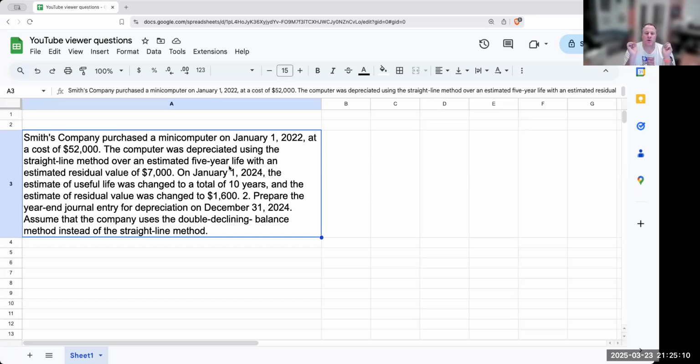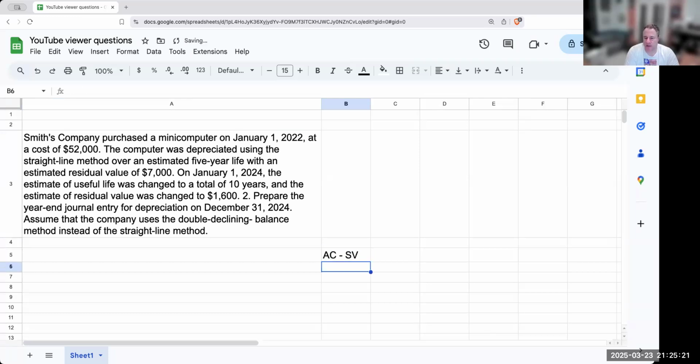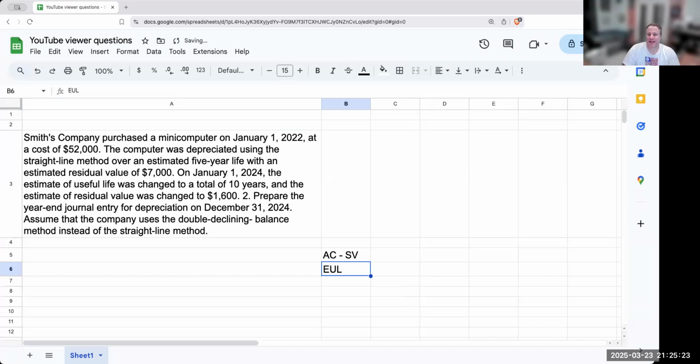Okay, so when we deal with depreciation, the thing to remember is we have our acquisition cost minus salvage value divided by the estimated useful life. Both the salvage value and the estimated useful life are estimates, so they can change from time to time.